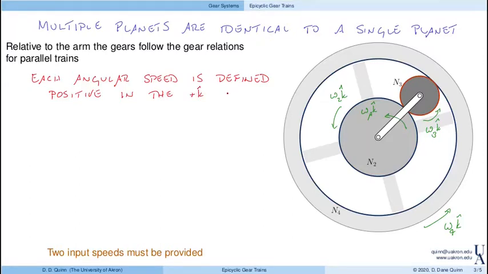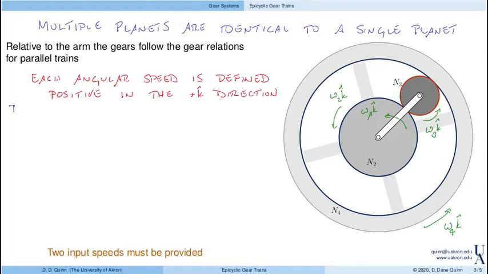So kind of out of the plane. And that becomes really important when we deal with planetary gear systems. Now, the normal speed relations that we developed previously don't work. And it's due to the motion of the arm, right? So this arm can carry these gears around. However, if we think about the speed of each gear relative to the arm, then once again, we're back to the same relationships that we had for parallel trains.